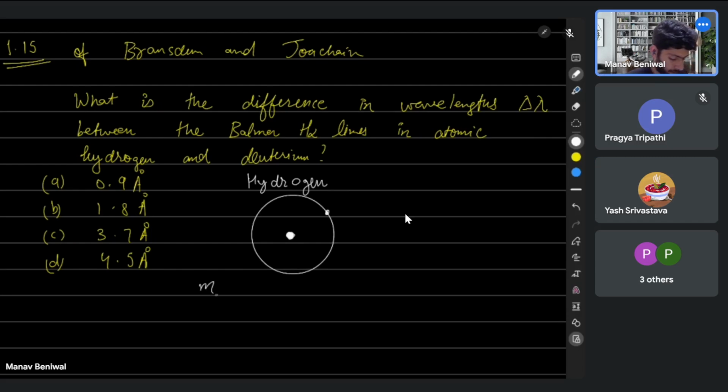Let's assume for this problem that mass of proton and mass of neutron both are equal, and let us denote this by m. So this is m, and this is your electron, and its mass is, let's say, small m. Let's now draw deuterium.